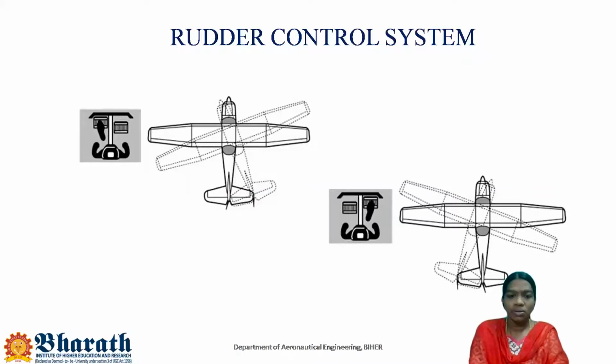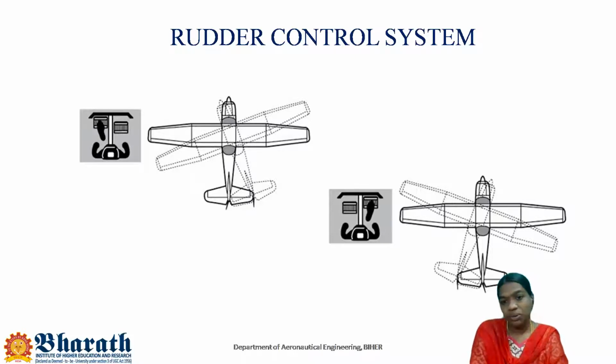So look at this slide. The sketch illustrates the pedal and the yaw of the aircraft. In the first figure, the pilot presses the left pedal and thereby the aircraft yaws towards the left direction. The hidden lines indicate the action after the pressing of the pedal.